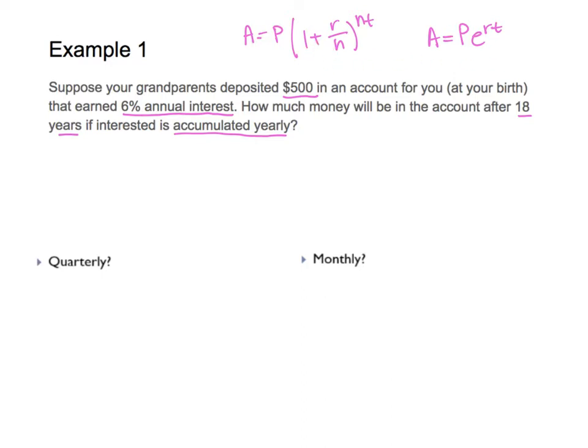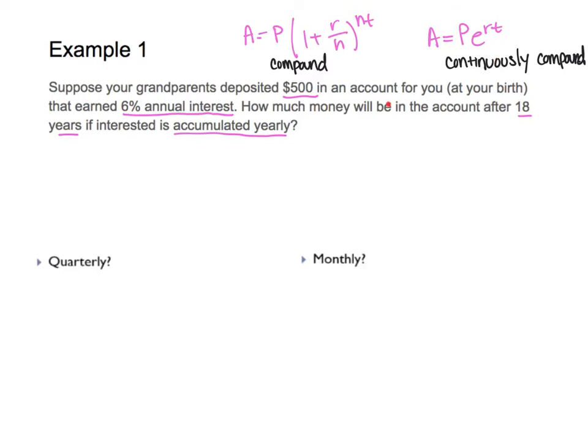For the compounding formula, you need to know how often you're compounding. Whereas for the other formula, you don't need to know how often you're compounding, because you are continuously compounding. So if the story somewhere said it was continuously compounding, you would use the equation PERT.